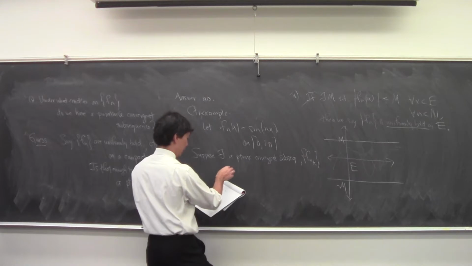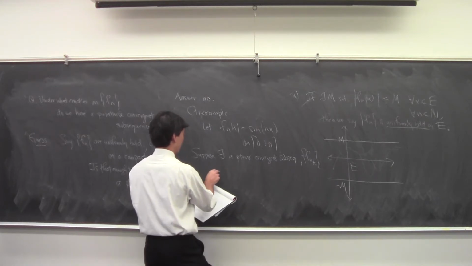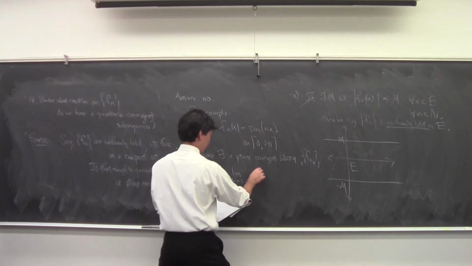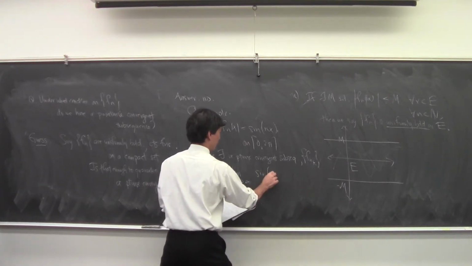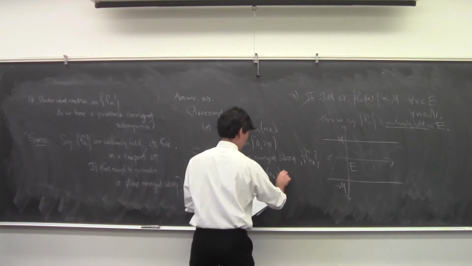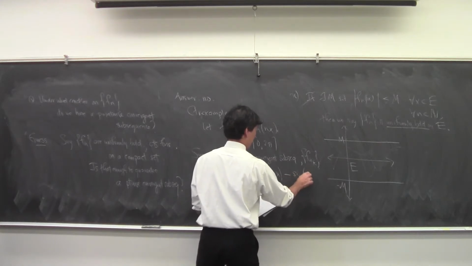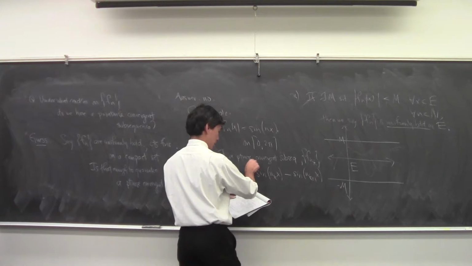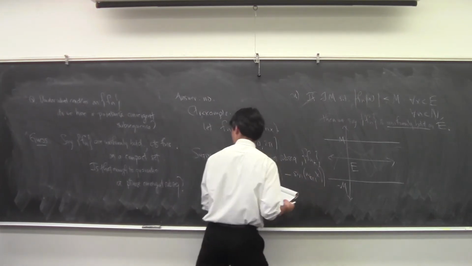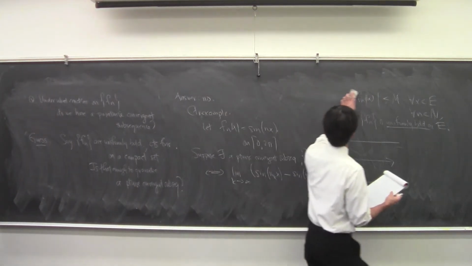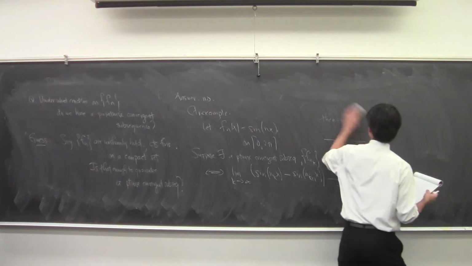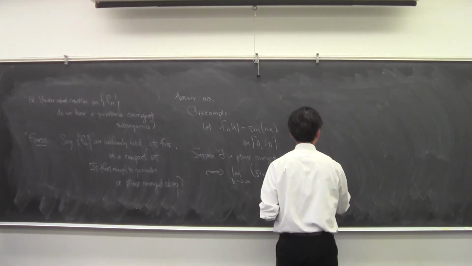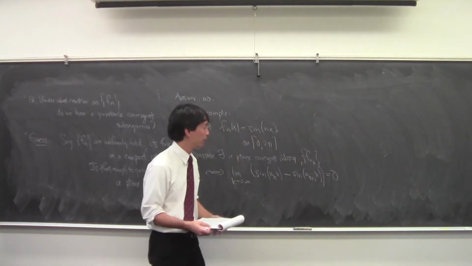That would mean that the limit as k goes to infinity of sin(n_k x) minus sin(n_{k+1} x) equals 0 for each x.